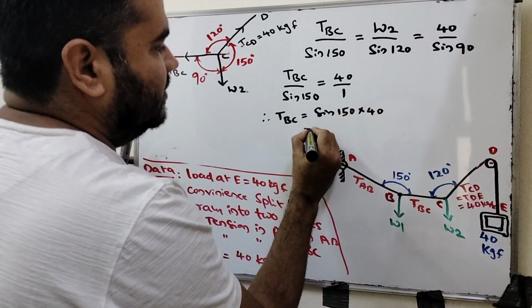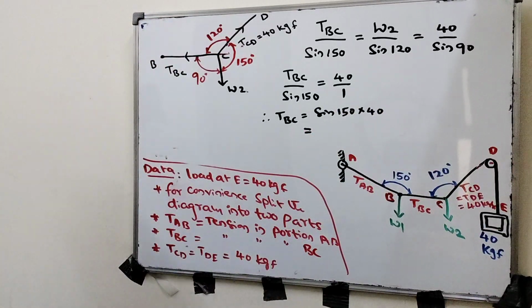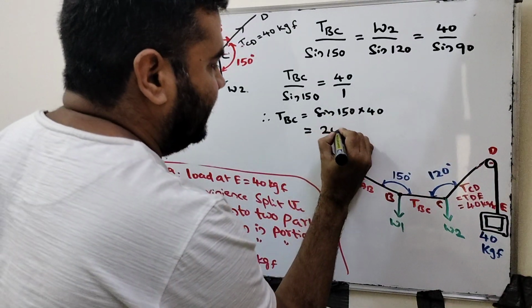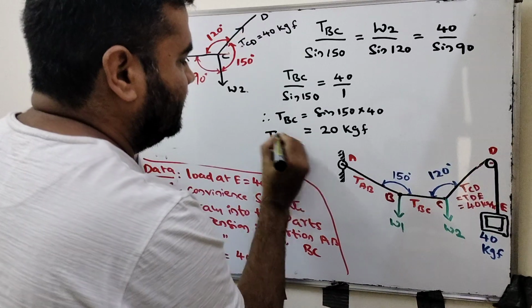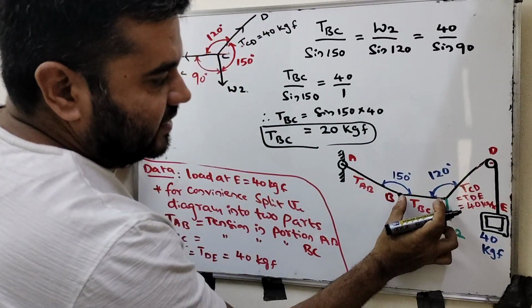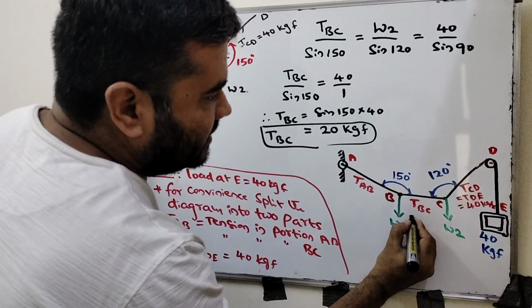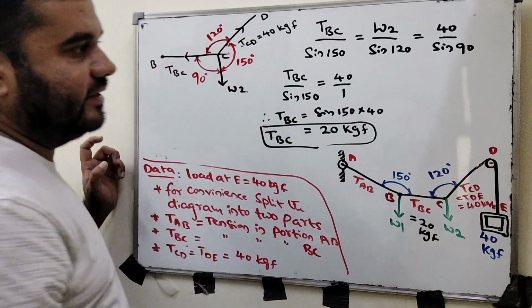Substitute, simplify and calculate here. T of BC will be 20 kgf. This is T of BC. So we found one tension here, right? The tension in string BC is 20 kgf. We already calculated.